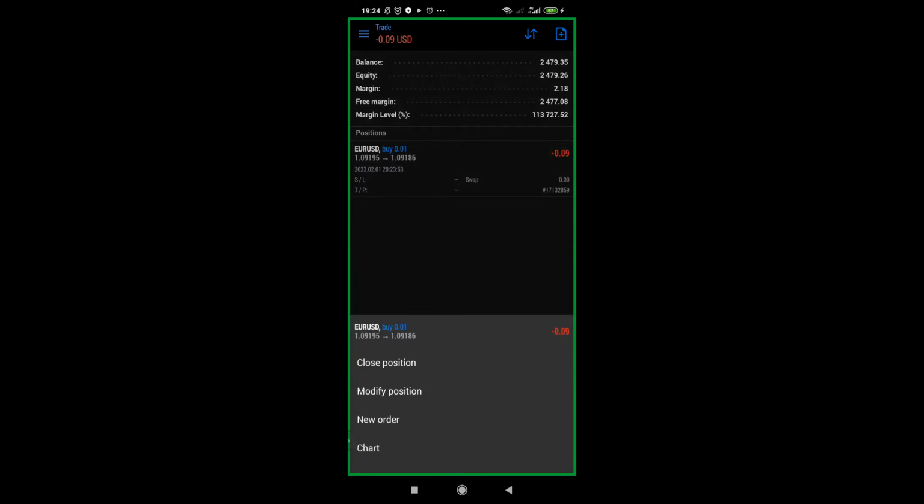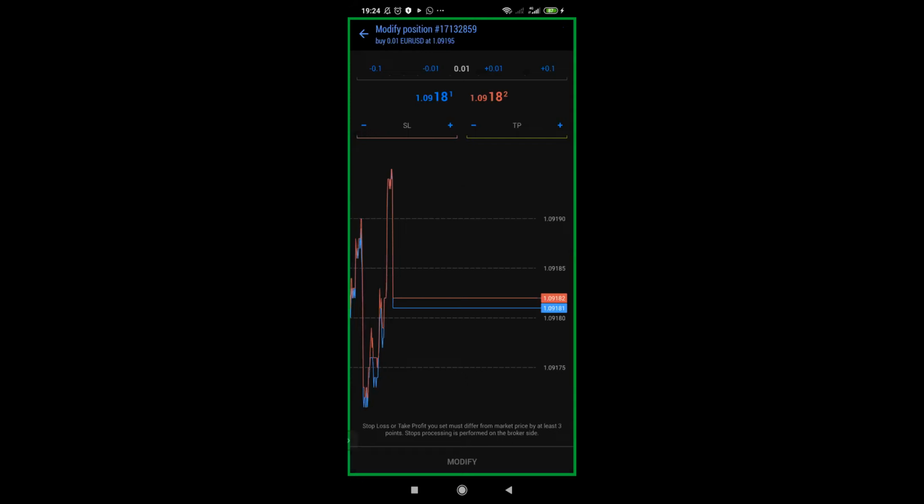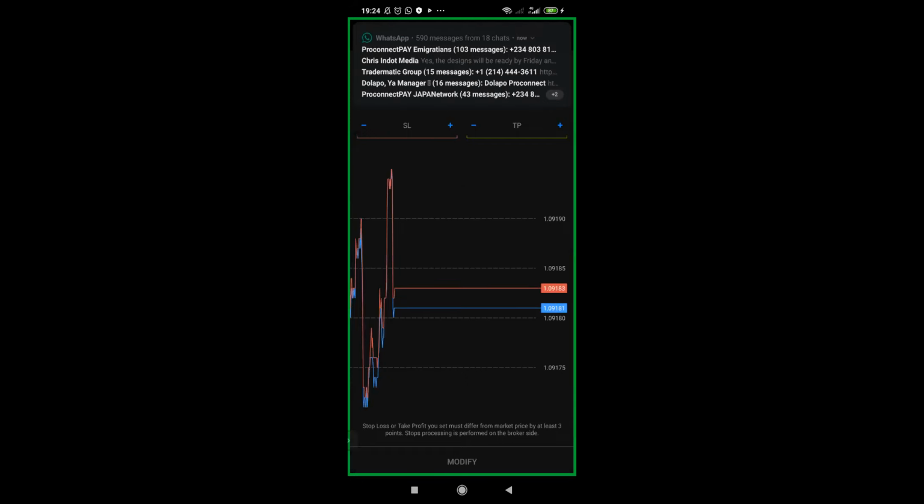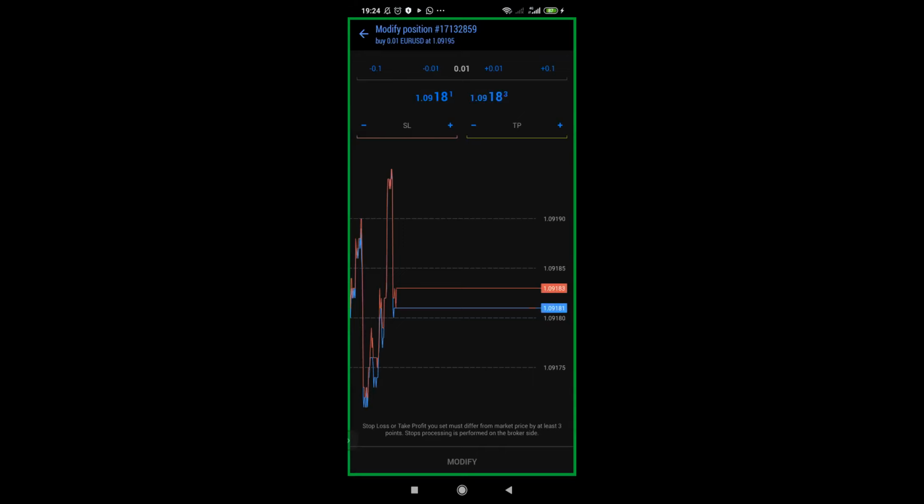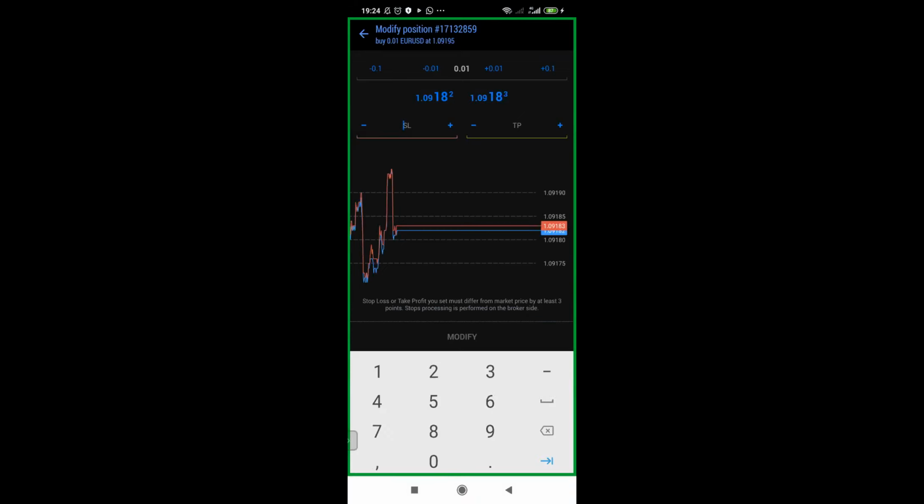When you tap on it for 1 second, you see the options: close position, modify. So to modify it, I click on modify. It brings me back to this page. And then I can add my stop loss and my take profit as I wish.